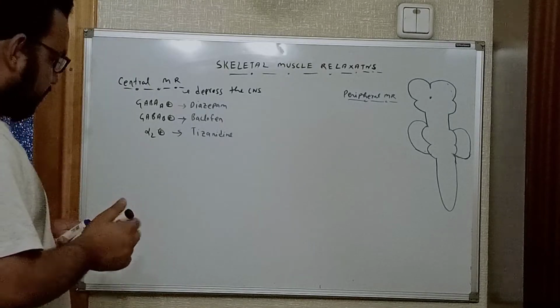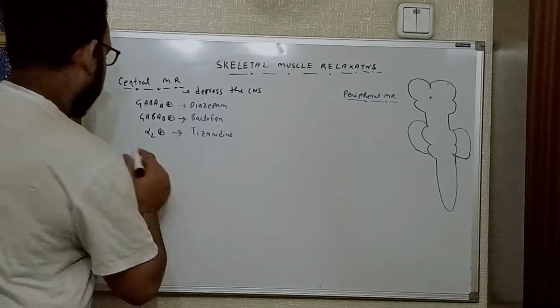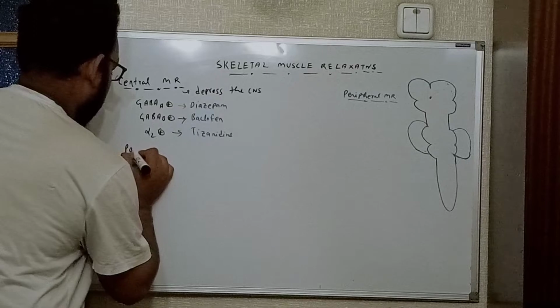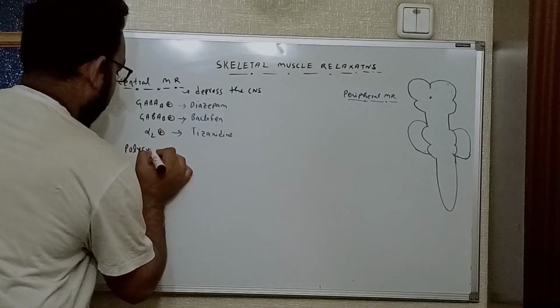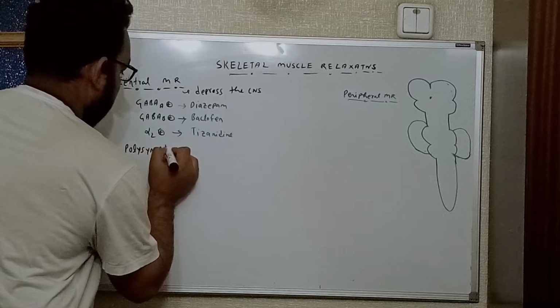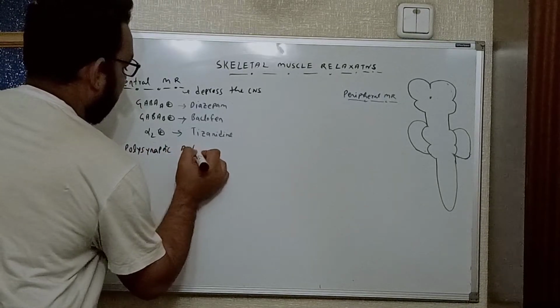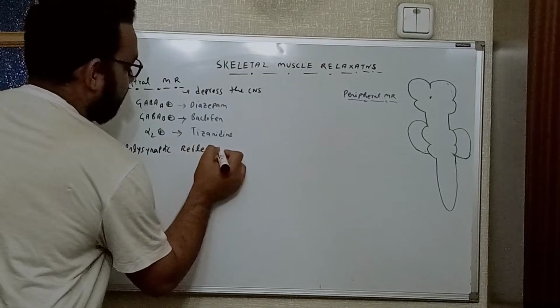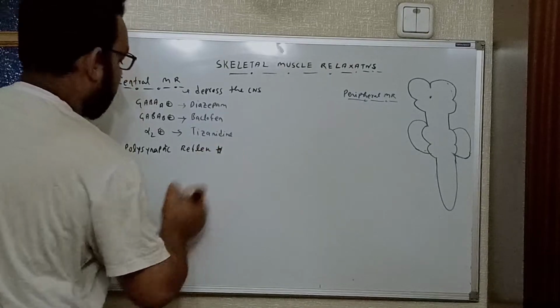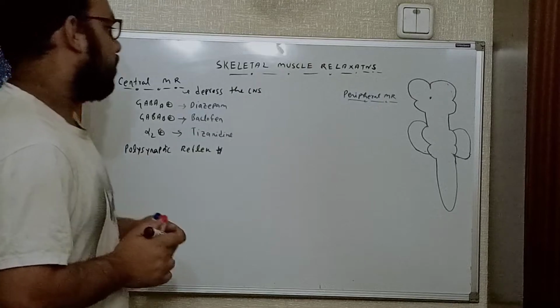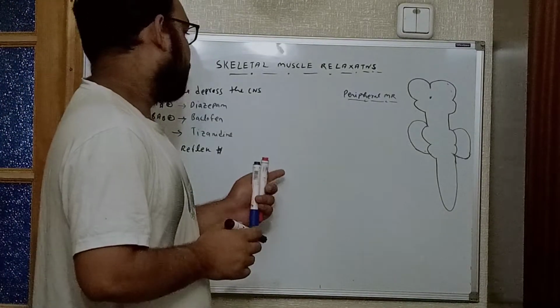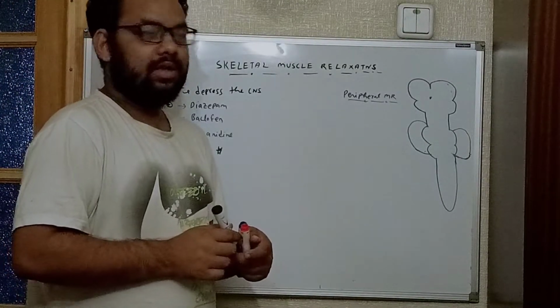There is also something extra: we can also inhibit the polysynaptic reflex. What is the polysynaptic reflex? Between two neurons there is a gap known as the synapse.